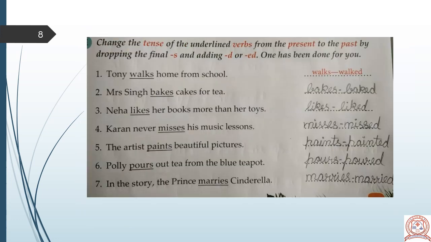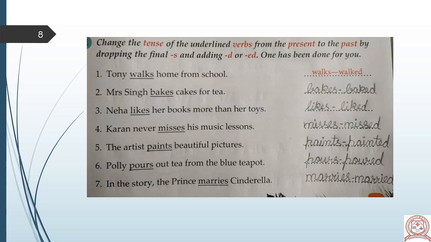If the verb in the present tense ends in IES, we drop the final S and add D. For example, TRIES. We will remove S and we will add D. Tried.